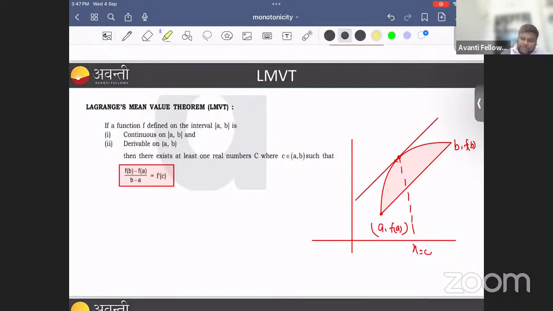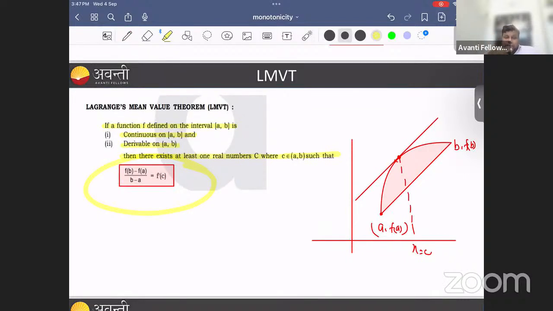So the theorem is saying, if a function f defined in the interval a to b is continuous in a to b, and it is derivable in a to b, got it? Then there exists at least one real number c which belongs to a to b such that f dash c is f b minus f a upon b minus a. Am I clear? There can be more than one such point.